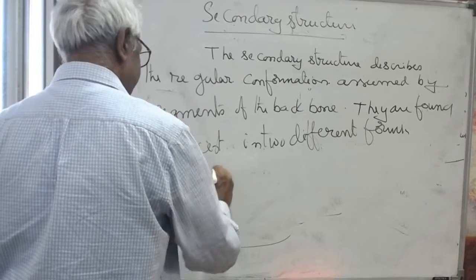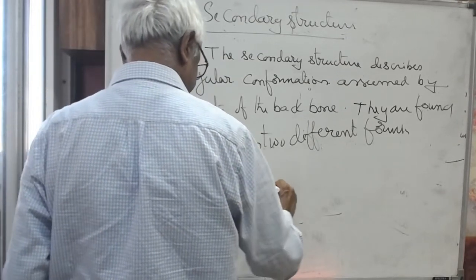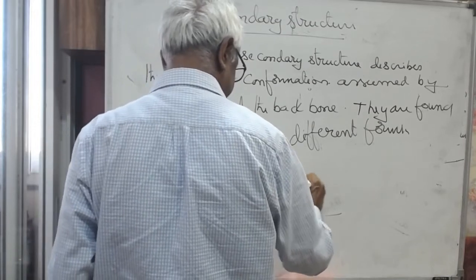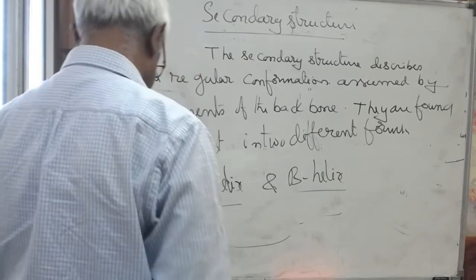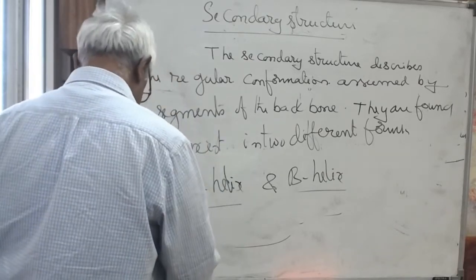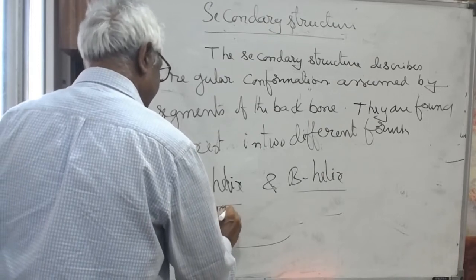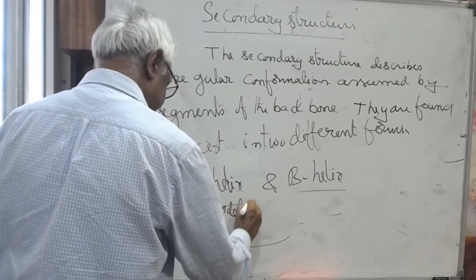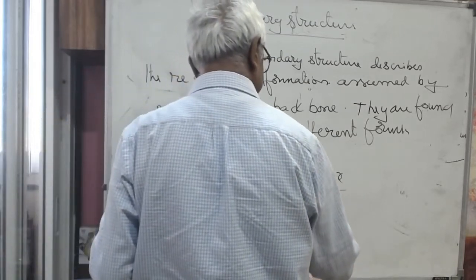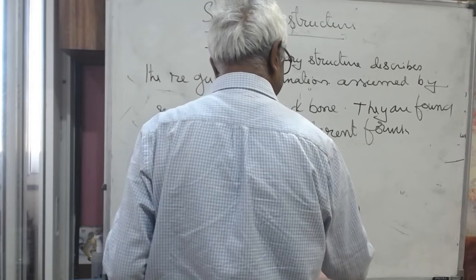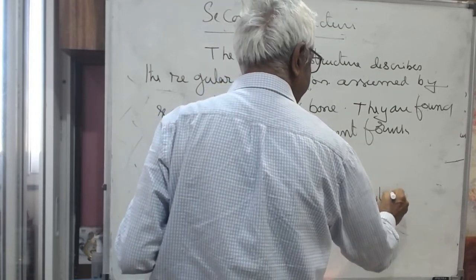One is called alpha helix, another is called beta helix. Alpha helix is of right-handed screw type and left-handed screw type.